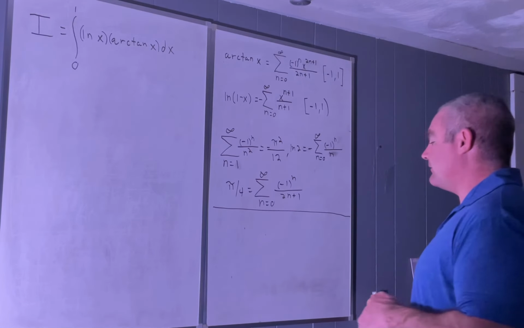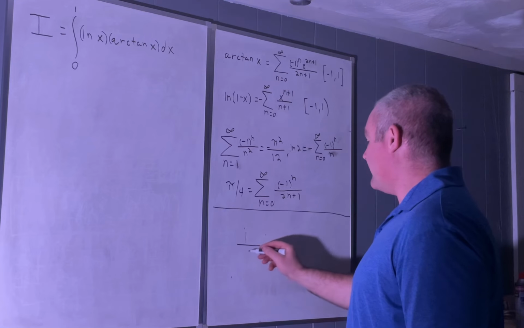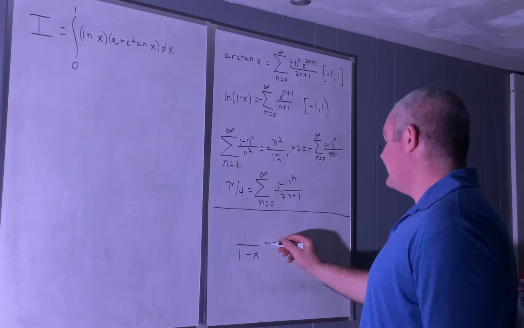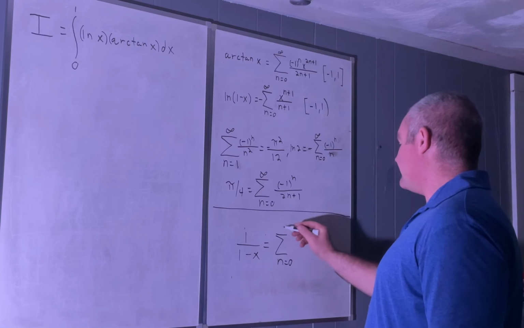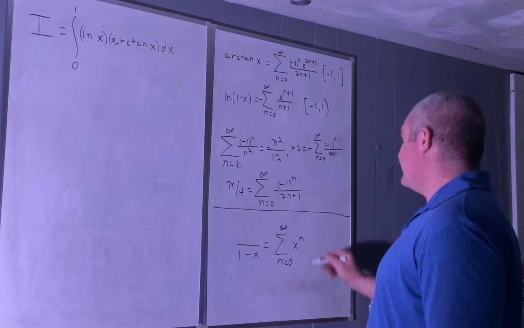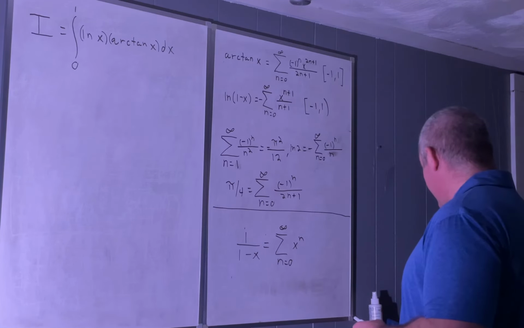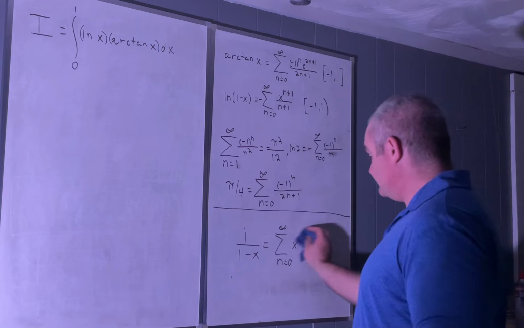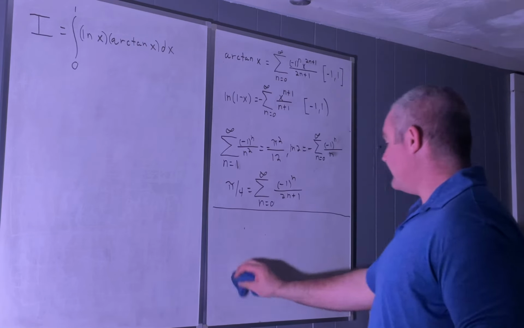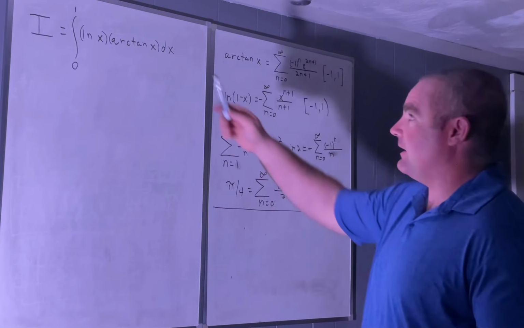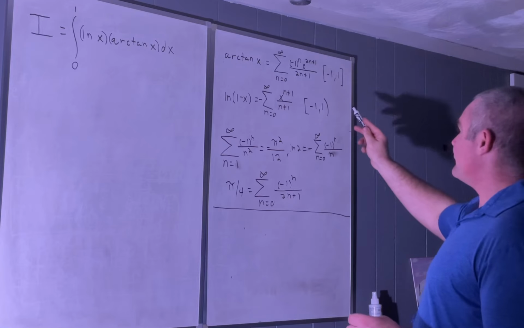I will just briefly say that they both come from the fact that 1 over 1 minus x is equal to the sum from n equals 0 to infinity of x to the n on the interval -1 to 1, with, I believe, 1 not actually being included in the interval, but we get around that by just taking a limit.